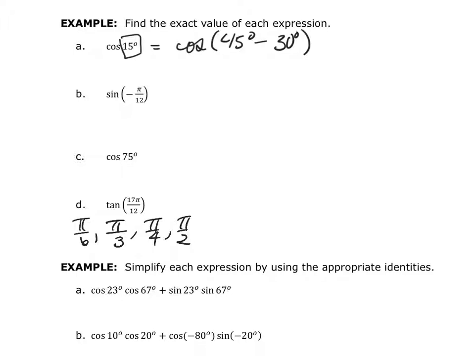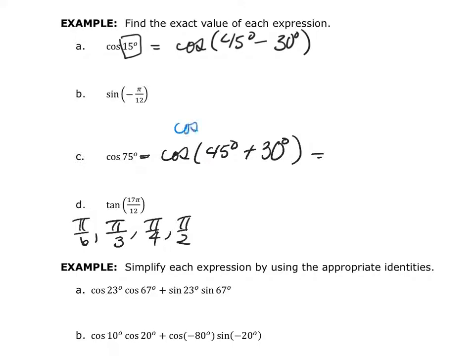So 45 and 30, so I'm going to write this as the cosine of 45 degrees plus 30 degrees, because the 45 and 30 end up being 75. Now I'm going to use the rule that I have for the sum and difference.